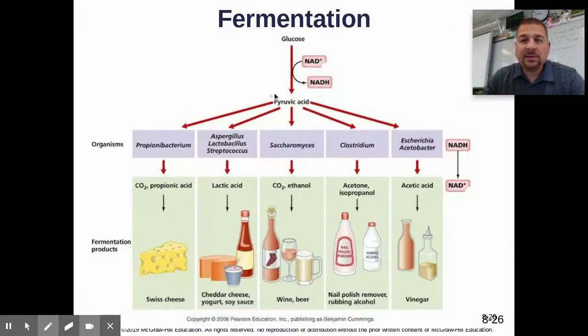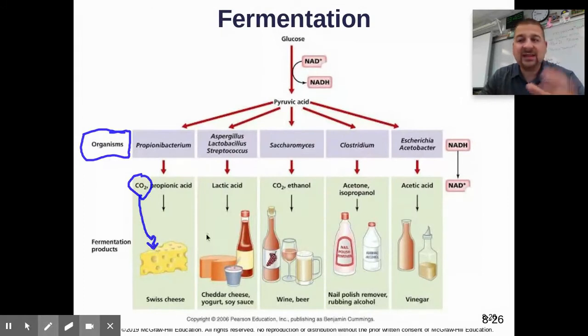This is a slide I threw in here showing you, depending on the type of organism you're using for the fermentation, some of the different products that you might be familiar with. This organism here is going through fermentation, making CO2 and propionic acid, making Swiss cheese. The CO2 bubbles make the little gas bubble holes in the Swiss cheese.